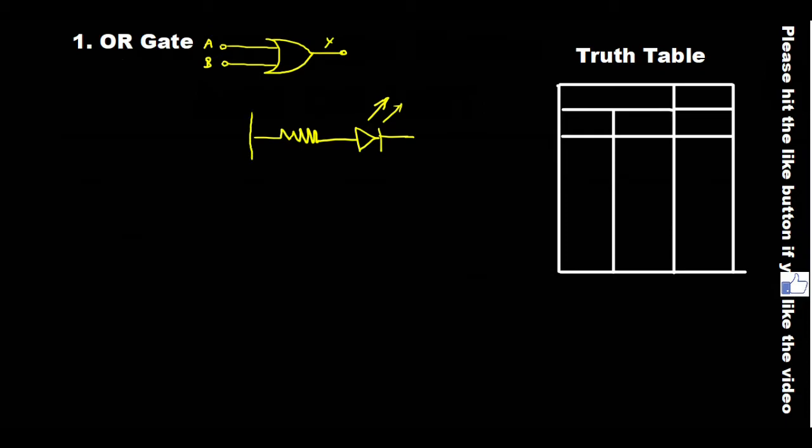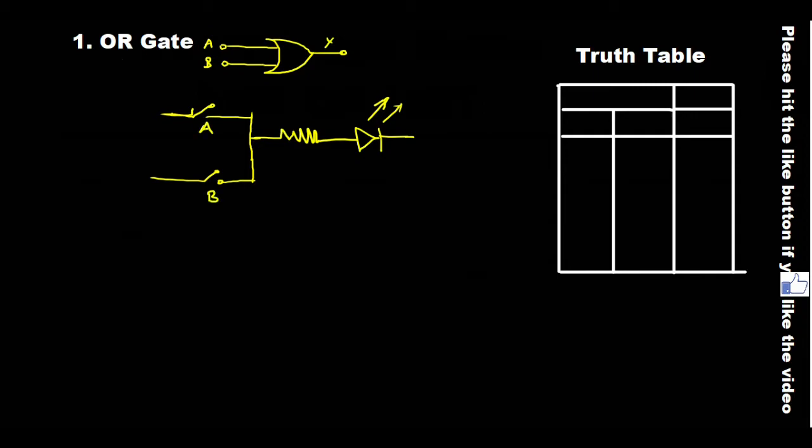So instead of connecting directly to the supply, I am connecting two switches to it. This is one switch, and I have added two switches. This switch let it be A and this switch let it be B.